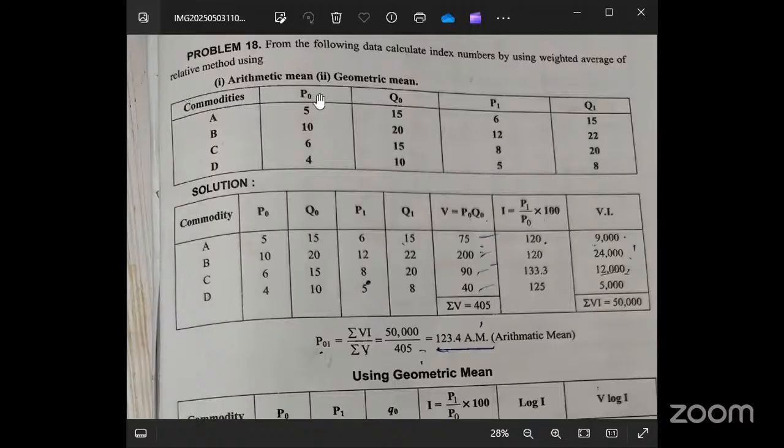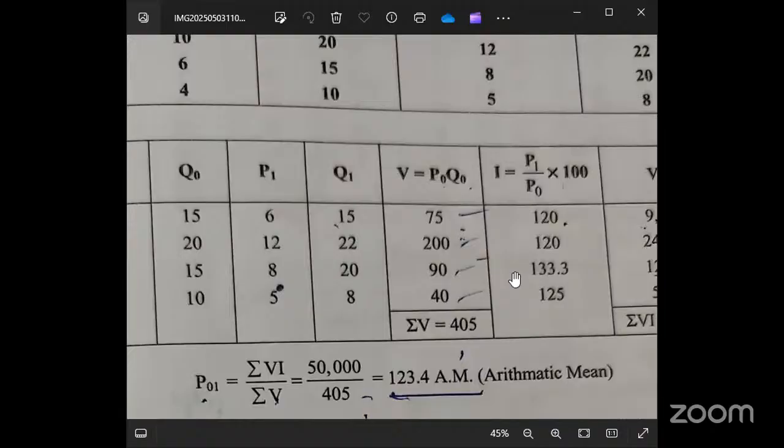So here they have given you P0, Q0 values, P1, Q1 values. So simple, we need to find out what is V here.